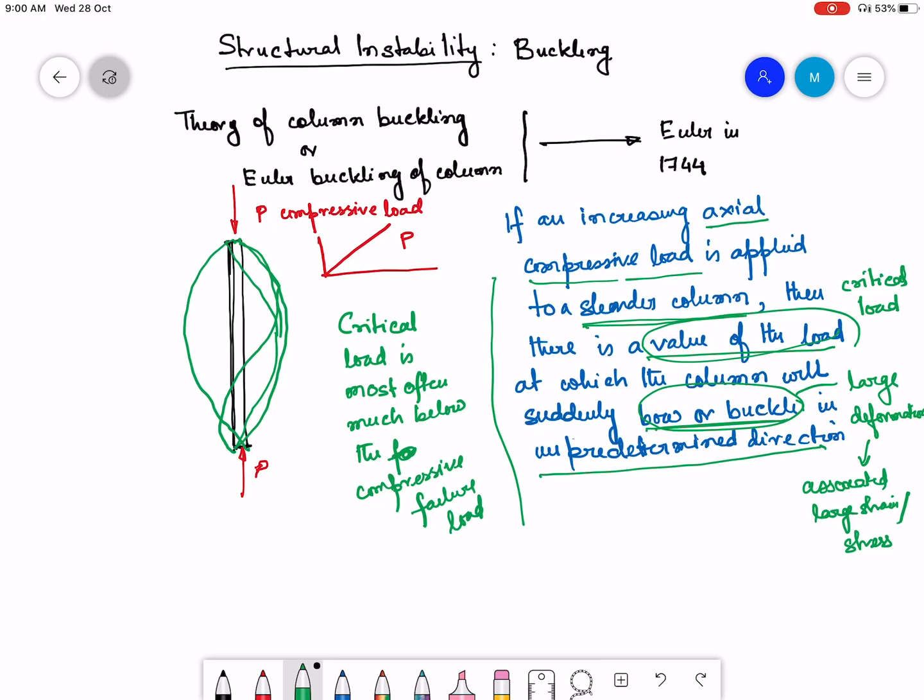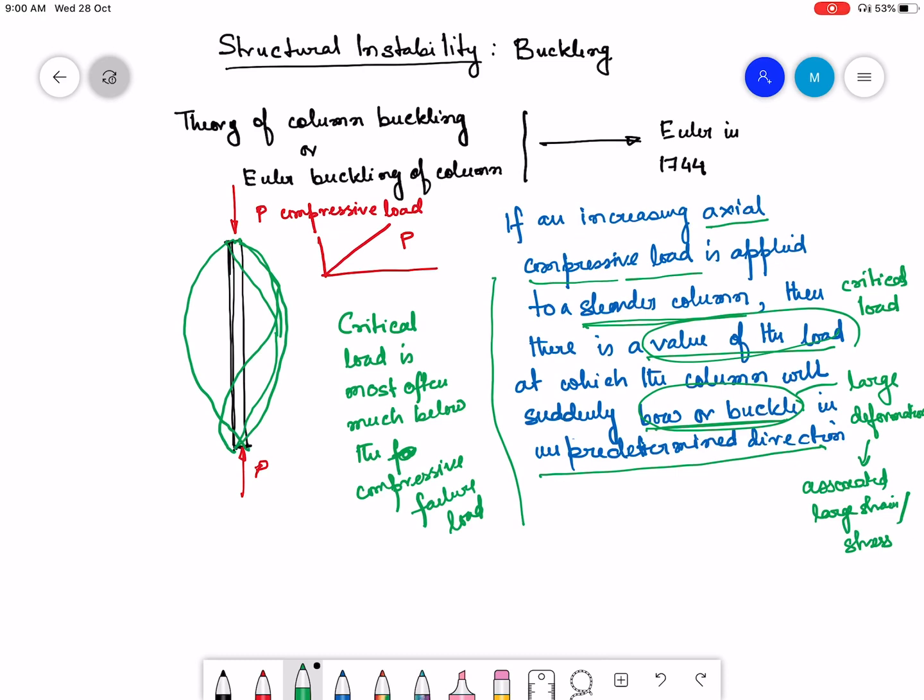But when this column is slender, there is a critical load, which is most often much below this compressive failure load, and the column will experience buckling. This buckling is going to be in any unpredetermined direction and is going to be of large deflection.